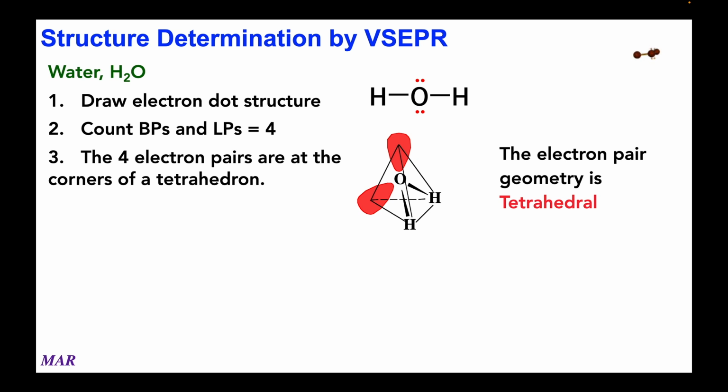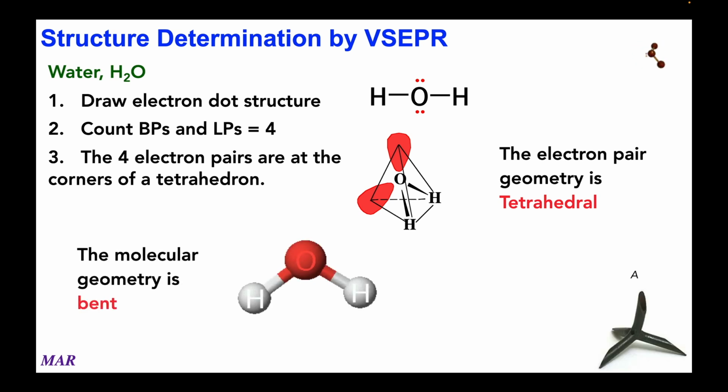So if you think about the molecular geometry, which is what that thing looks like, knowing that the lone pairs would be invisible but still present, you're going to end up with an H-O-H angle which is bent. It's going to be about 109, which is what you see most of the time with a tetrahedron. So for water's geometry, we would describe the EPG, electron pair geometry, as tetrahedral, and the molecular geometry as bent. That's about 109 degree angles right there.